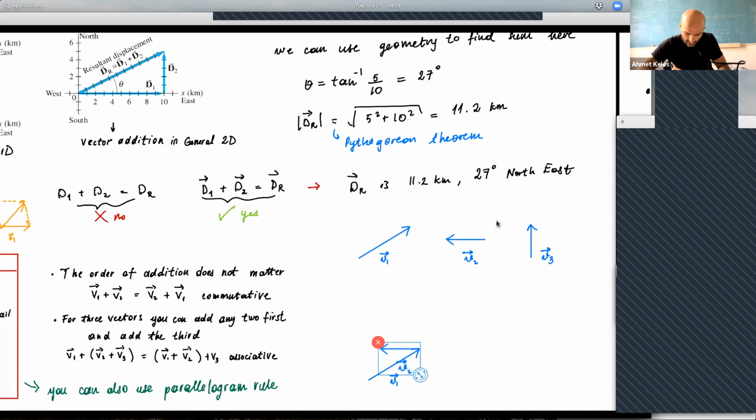So I'm using this head to tail, adding one by one from head to tail, and let's take the last one. Copy, paste. Okay, now what is my net sum? Total displacement from the tail of the first to the head of the last. And here's my result with a red arrow, maybe dr.